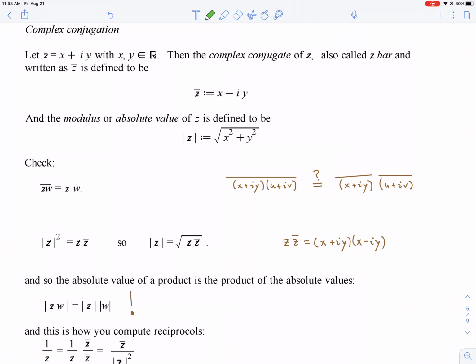And we call that the conjugate; we might say the conjugate of z, but for short, we'll usually say z bar, and we'll write it as a z with a bar over it. So if z is x plus iy, then z bar is x minus iy.